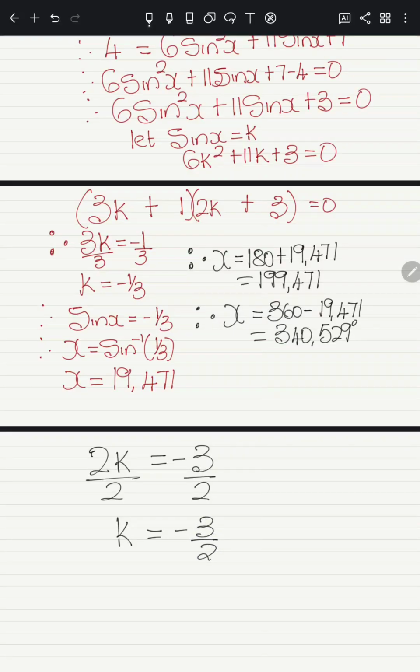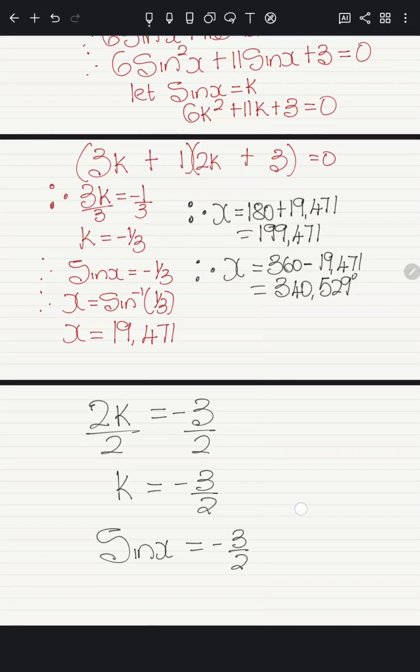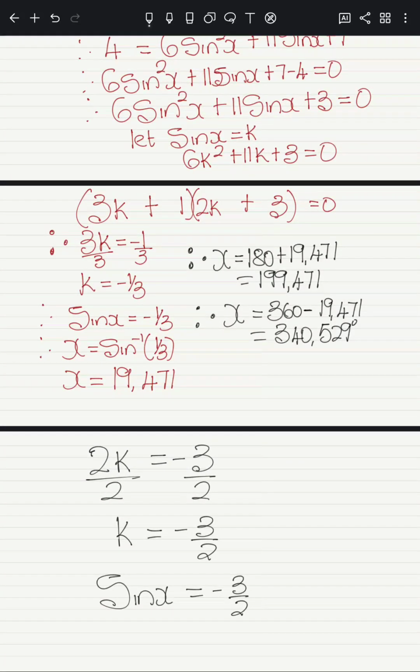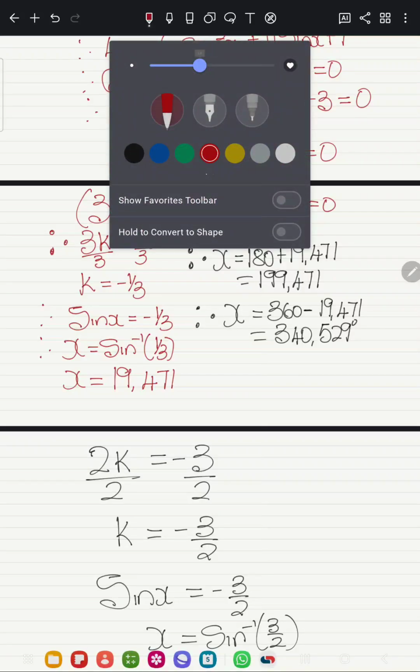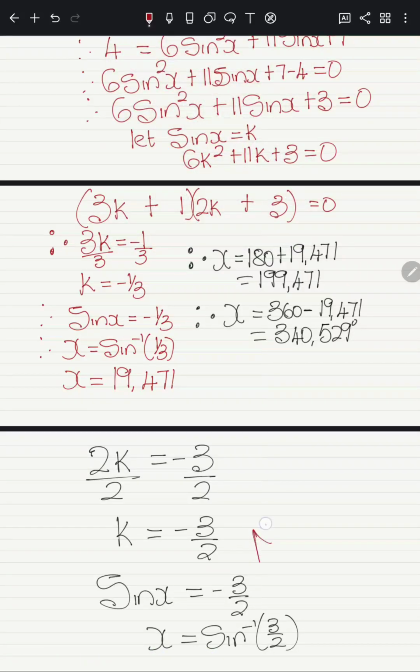If it was k, that was going to be fine, but now we are dealing with sine, so sine x is the same as -3/2, because this is already less than -1. Anything that is less than -1 is undefined when we are dealing with sine. You can even prove that: 3/2 is already above 1, so it cannot work. So on the last one we do not have a solution, so that will be NA.